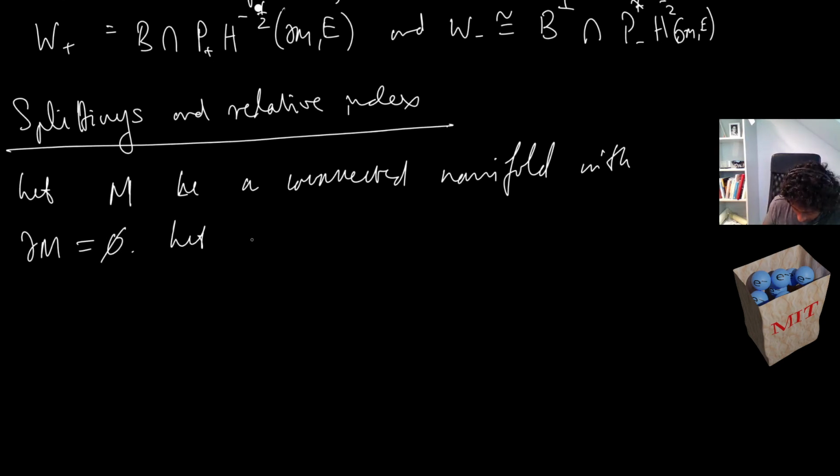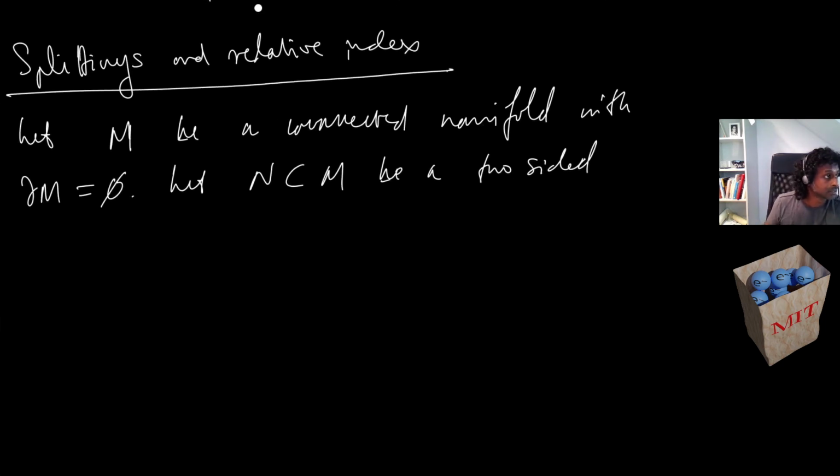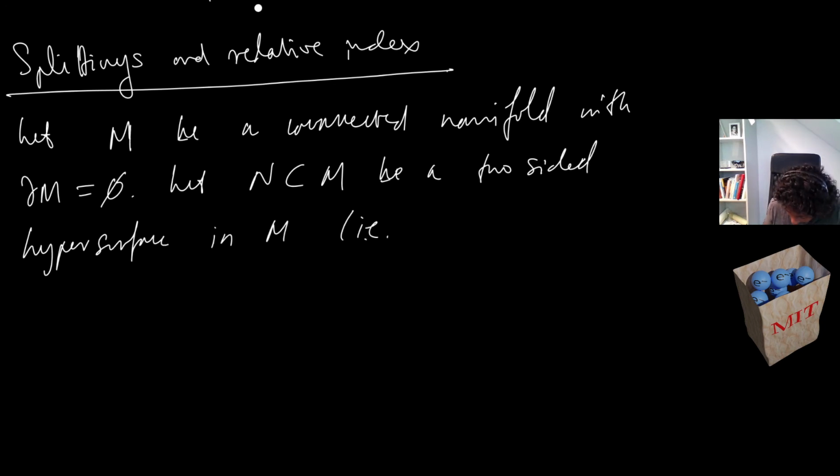And let N be a two-sided hypersurface in M, i.e., so two-sided means trivial normal bundle.